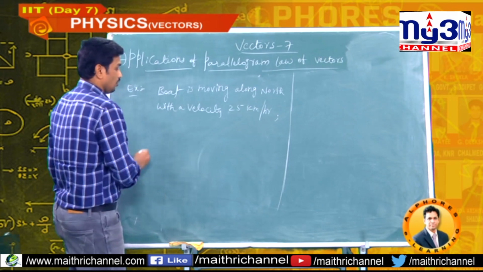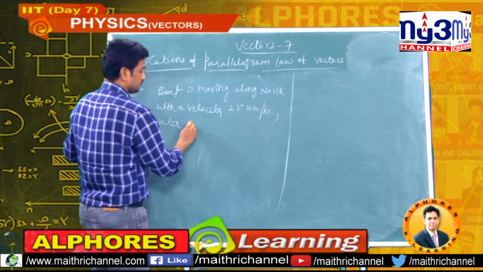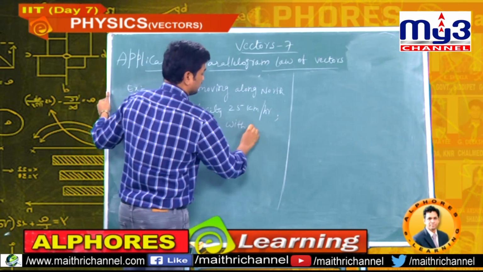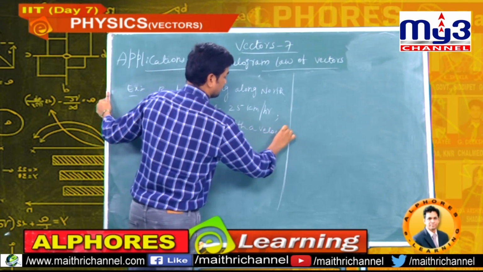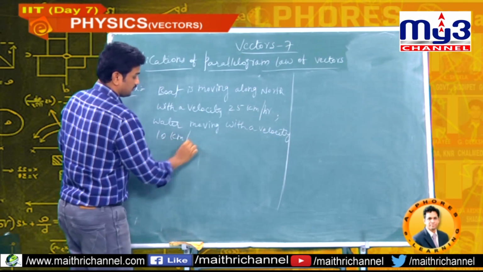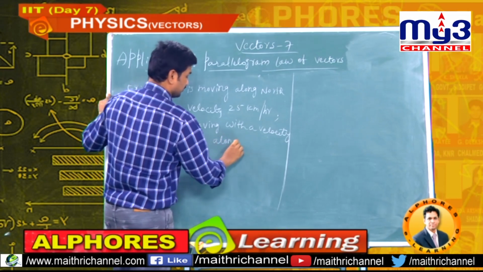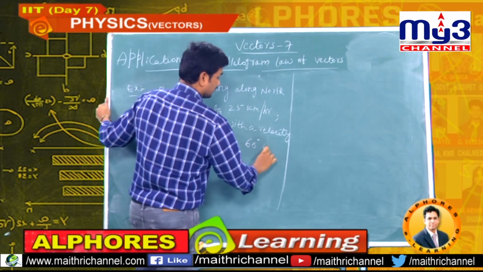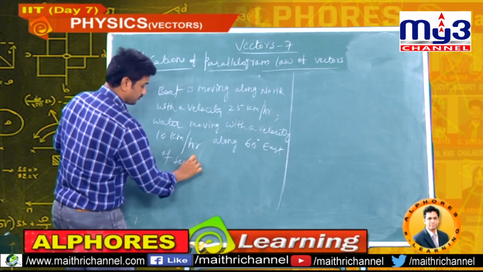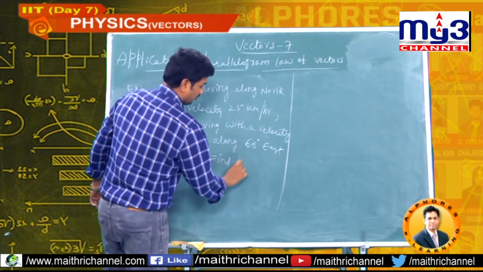The boat is moving in a river, and the water is moving with a velocity of 10 km/h along 60 degrees east of south. Now find the velocity of the boat.